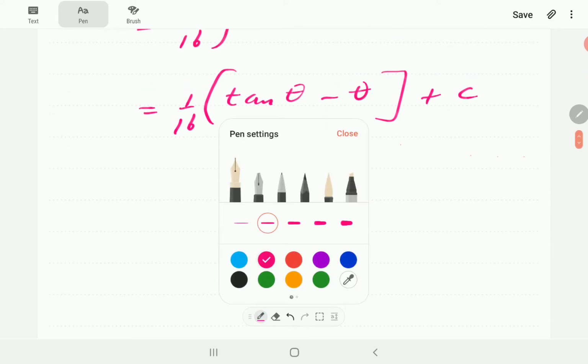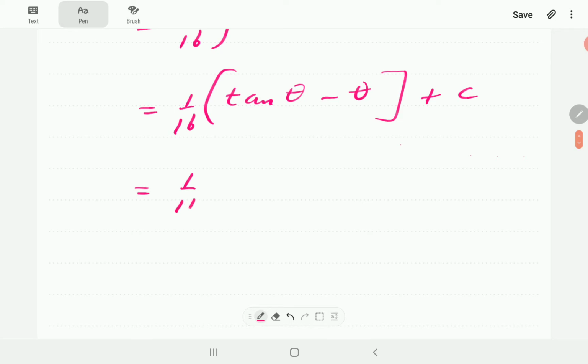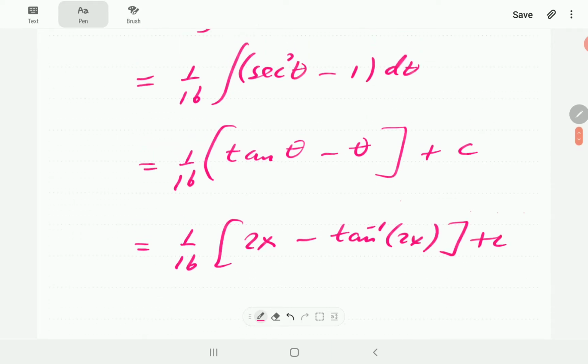So that means our solution in terms of x: tangent theta is 2x, and then theta is inverse tangent 2x plus c.